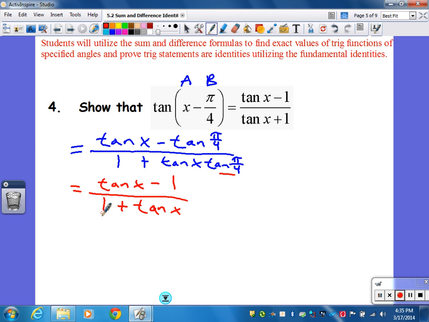Remember, addition is commutative, so we can put it in any order. So I'm going to change that to just tan x minus 1 all over tan x plus 1. Okay, now we're cruising right along.